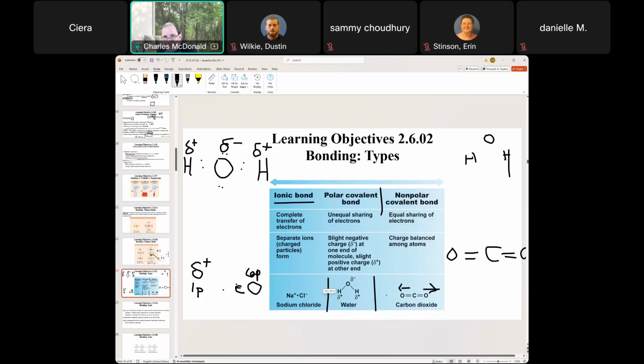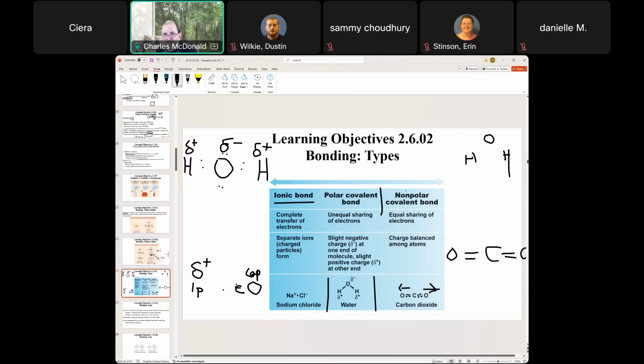Now, these little lines here, that line means that these guys are sharing one pair of electrons. When you see these double lines, it means these guys are sharing two pairs, because remember, carbon needs 4, but oxygen needs 2.